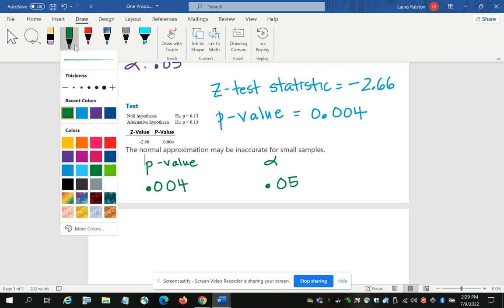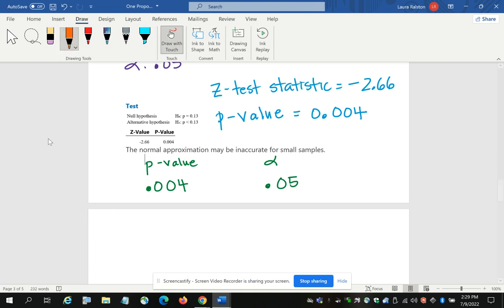If I make that comparison digit for digit, in both cases the first digit is 0, the second digit for the p-value is 0, for the alpha it is 5. 0 is less than or equal to 5, so the p-value is less than or equal to alpha.